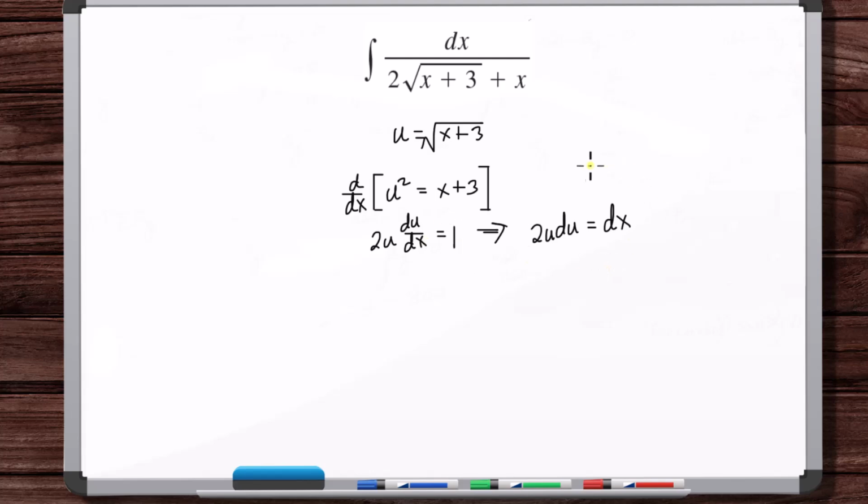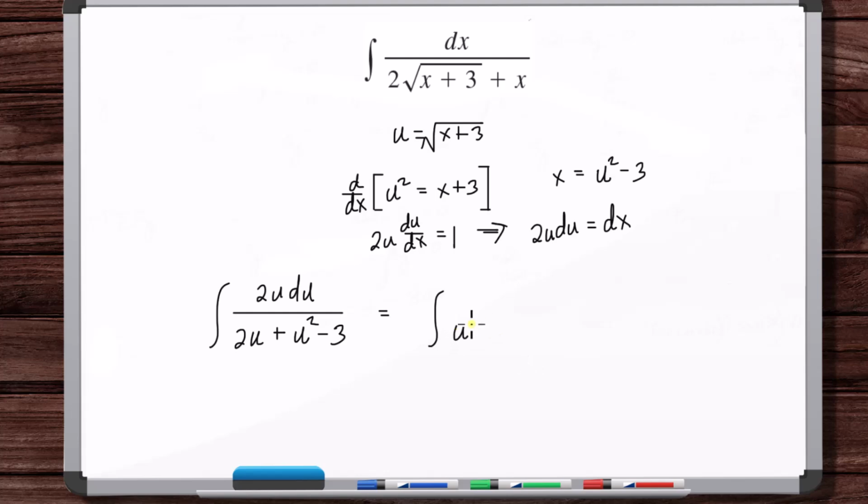And then x is equal to u squared minus 3. Okay, so 2u plus u squared minus 3, and then 2u du. So u squared plus 2u minus 3, 2u du.